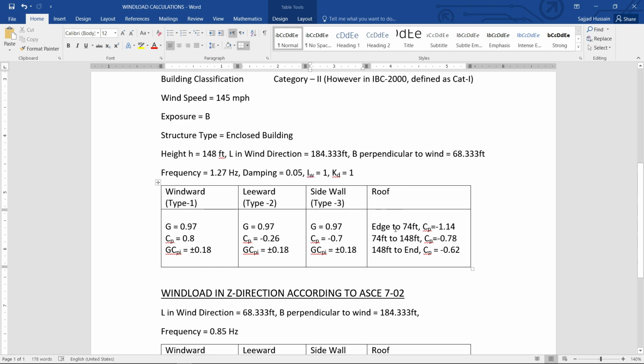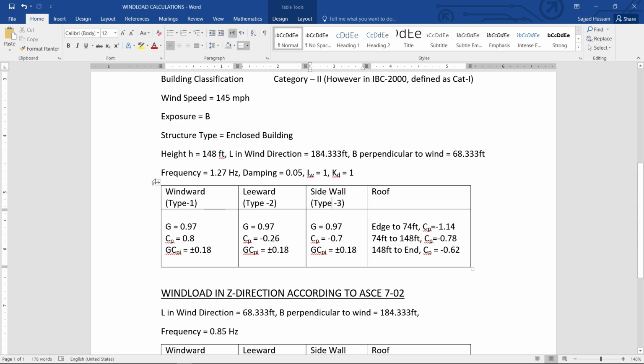And for the roof, since the roof is long in this direction, there are three conditions: from the edge to half of the height, which is 74 feet, Cp was minus 1.14. Then from half of the H value to H, that is 74 feet to 148 feet, the Cp was minus 0.78, and for the remaining portion it was minus 0.62.